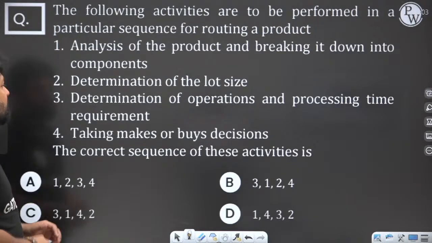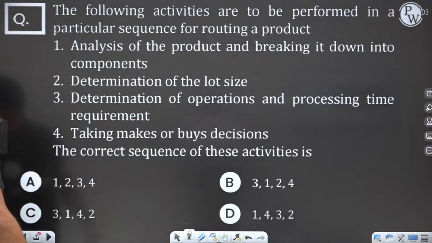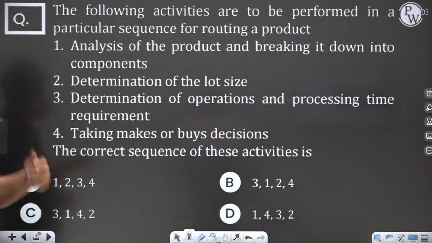Now let's move to the following activity. Next question. The following activities are to be performed in a particular sequence for routing a product. What is the correct sequence of these activities? One, analysis of the product and breaking it down into components. Two, determination of the lot size.